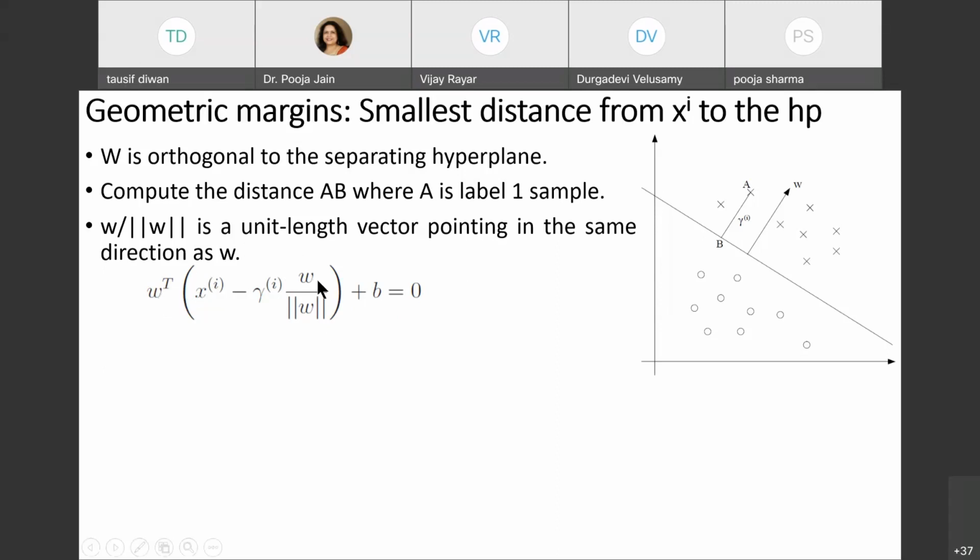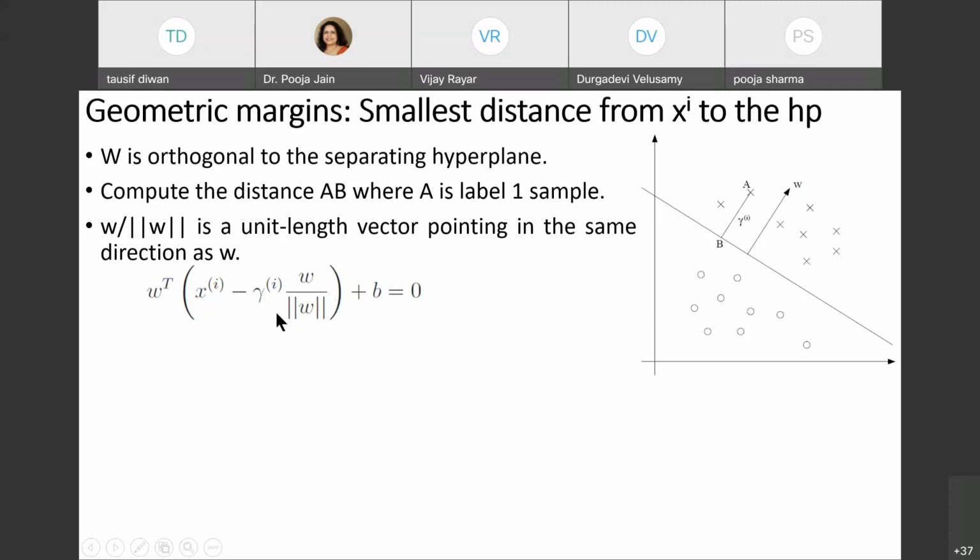W is a vector and this is also a vector, the same vector. If you take the square root of that multiplication, it is nothing but the norm. Now here W transpose W is there, so instead of W transpose multiplied by W, we can write norm of W multiplied by norm of W.